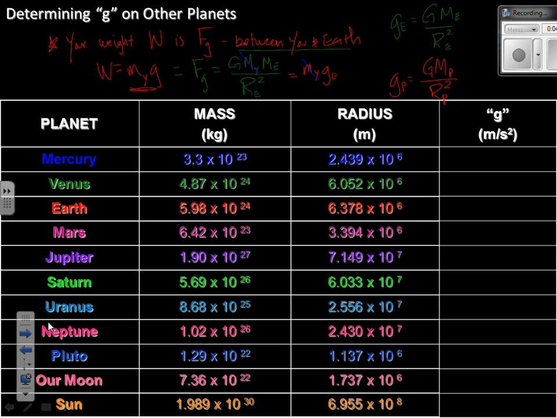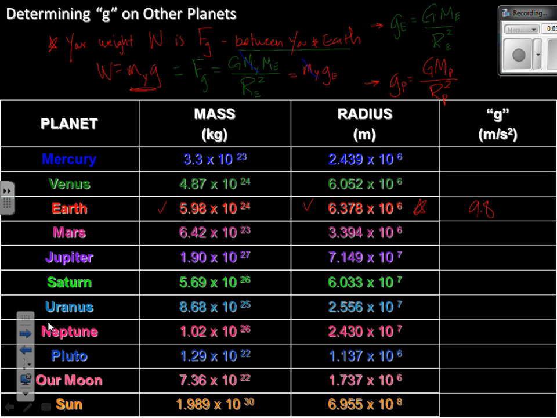What y'all ought to try is make sure you can get, this better darn well come out to 9.8 or 9.81 or whatever you want to call it. You better be able to get that, plugging these numbers, mass and radius, into that expression.